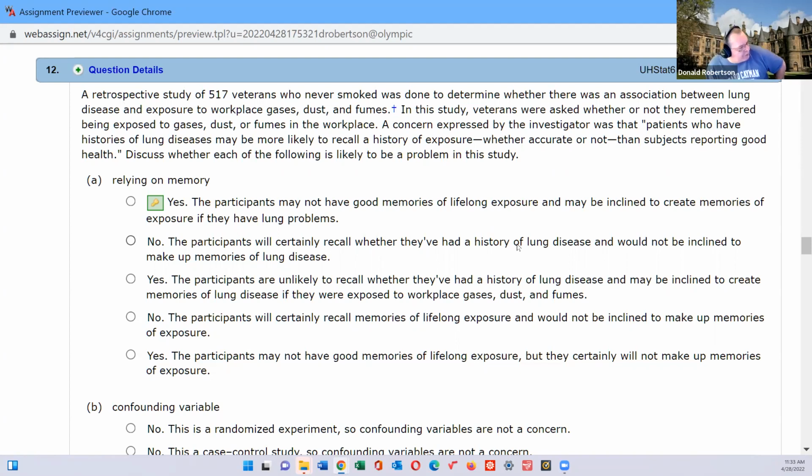And their concern was that patients who have a history of lung disease were more likely to recall being exposed to horrible gases or smells, whether it was accurate or not, than subjects reporting good health. If you've got good health, you maybe don't remember things like that as often.